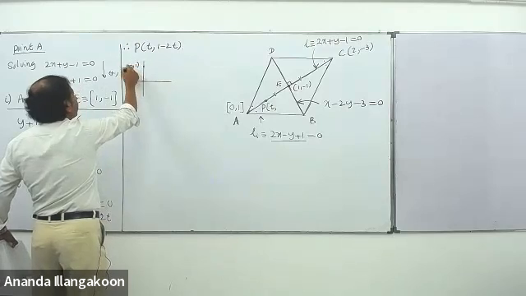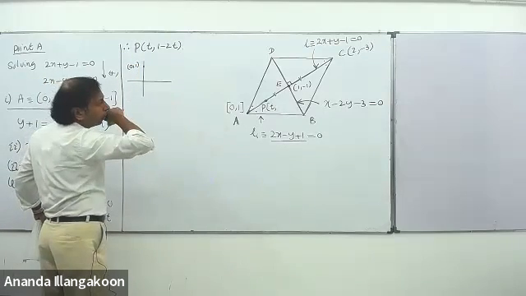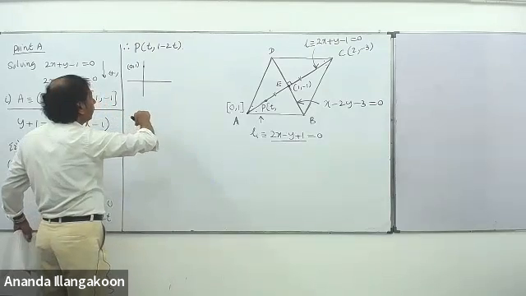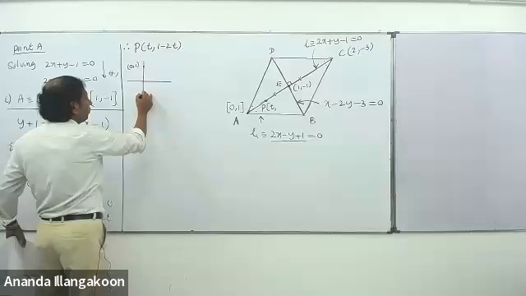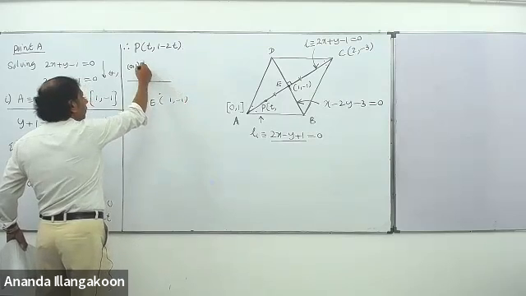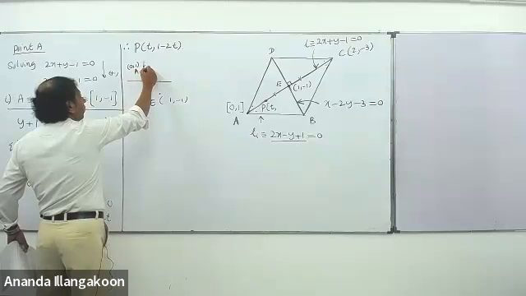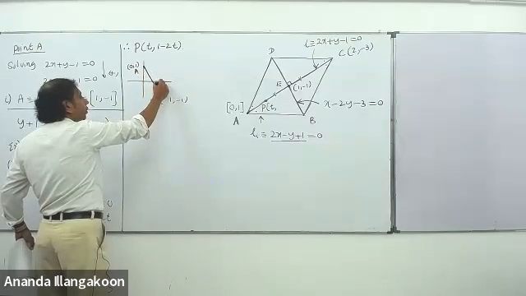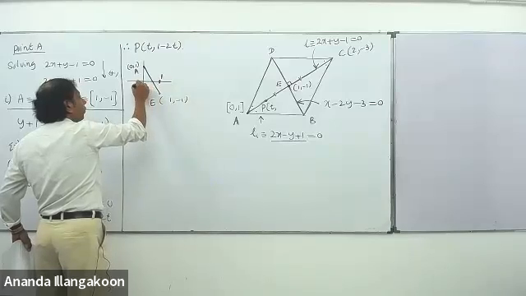E is 1, minus 1: x coordinate 1, y coordinate minus 1. Here this is A. When you join A and E, at A x is 0 and at E x is 1.